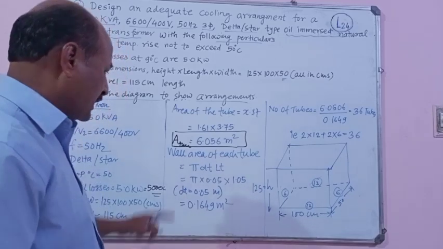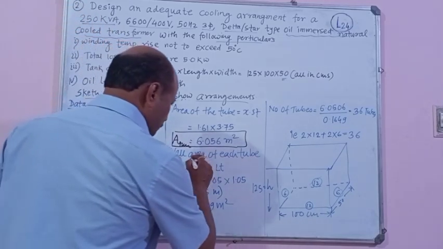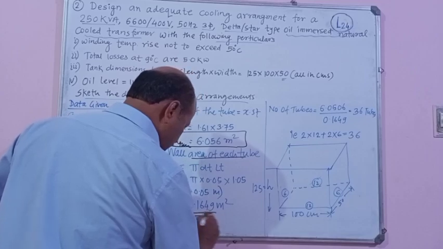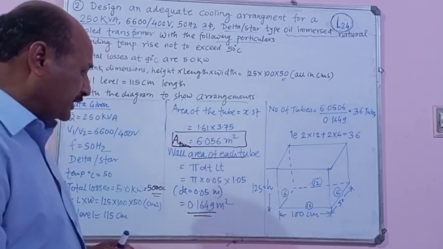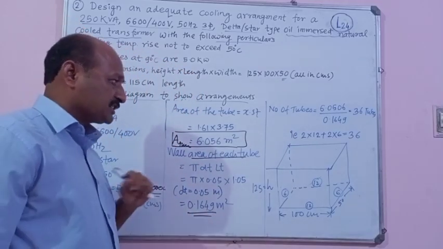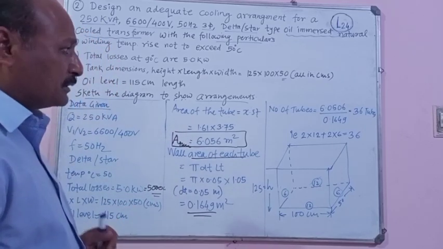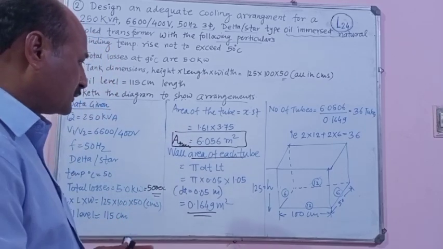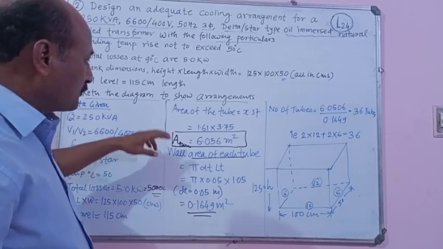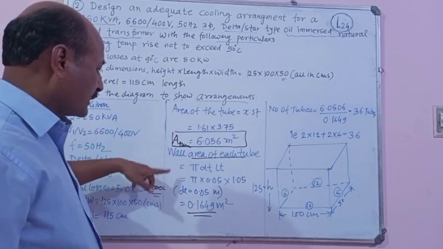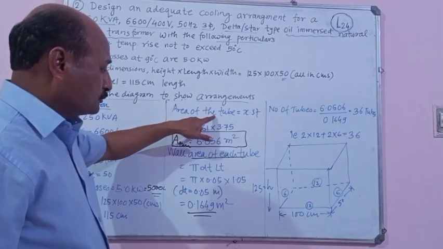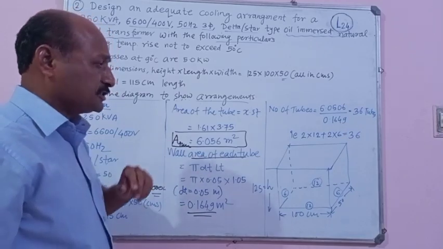So in this way, the wall area of each tube equals 0.1649 meter square. So how will you calculate the number of tubes? The number of tubes can be evaluated by dividing the area of the tube by the wall area of each tube.